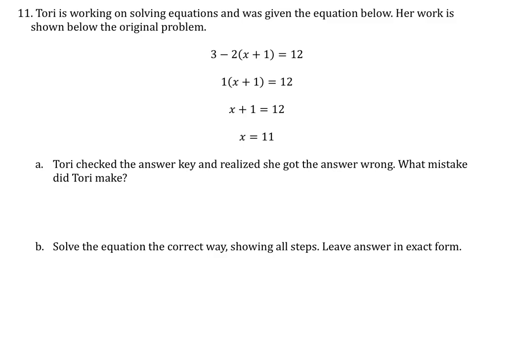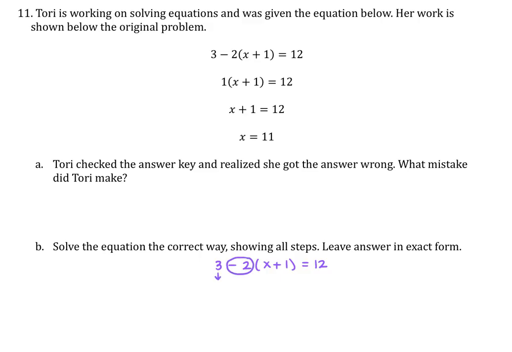So I'm going to actually take my equation and I'm going to recopy it down here. And I'm going to say 3 minus 2 times x plus 1 is equal to 12. I'm going to fully simplify the left first. I see parentheses, so that tells me I have to distribute.